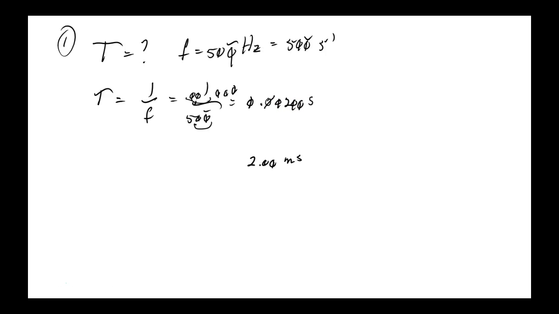So it's either 0.00200 seconds or 2.00 milliseconds. The reason is you had 3 significant digits here, you need them down there. Milli means 10 to the minus 3, so that moves the decimal 3 places that way, but you need the 2 zeros because you had 3 significant digits.